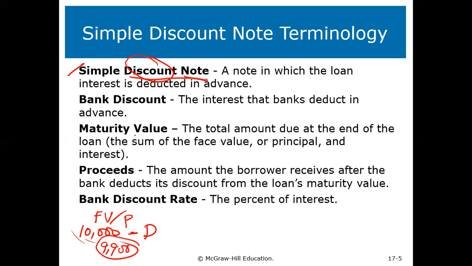After 60 days, I'll be paying the whole amount, 10,000. So you borrow 10,000, but you won't get 10,000. The discount will be deducted, and then after 60 days, if that's the tenor, I pay back the whole 10,000.